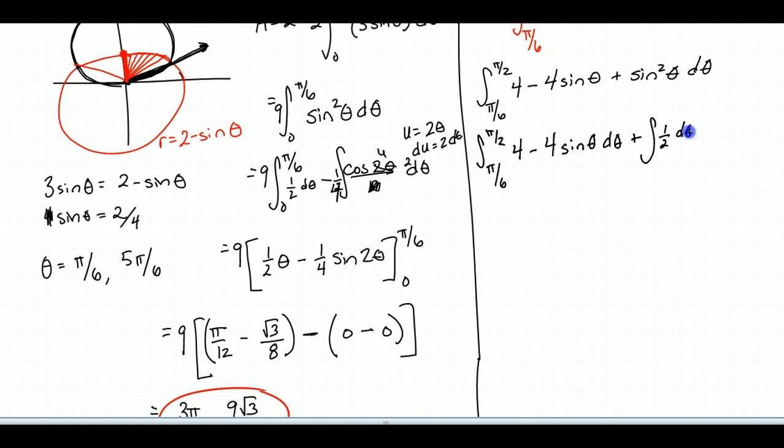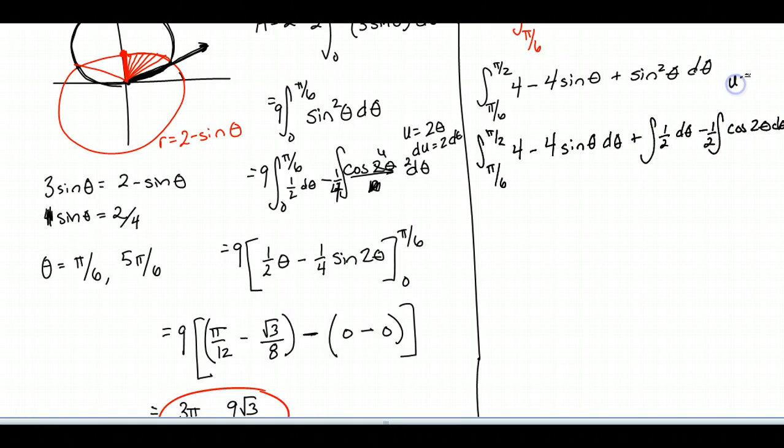I'm going to make that differential theta minus, I know that I would have cosine 2 theta divided by 2, so I'm going to take out the 1/2. That's going to be hard to fit in that screen. And so oftentimes I just break it up right away. And I know, do I have the formula? Yeah, it's 1 minus cosine of 2 theta all over 2, so I have covered everything.